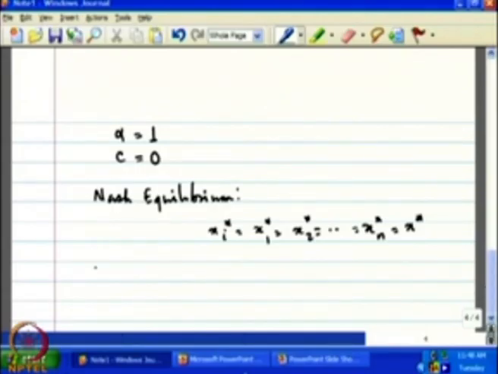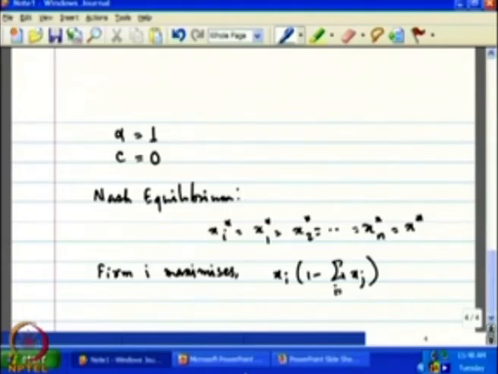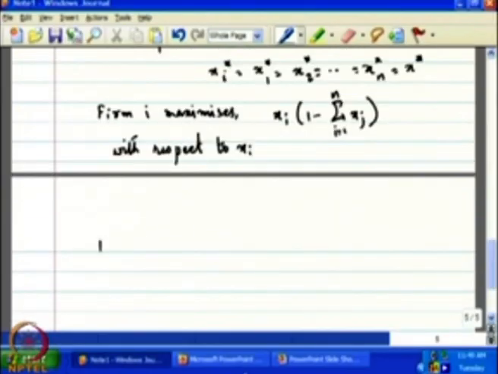So, for firm i, this is what he maximizes with respect to xi.